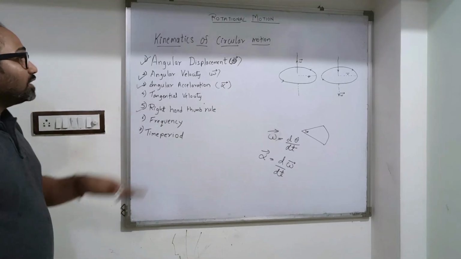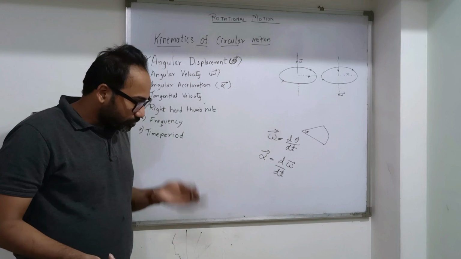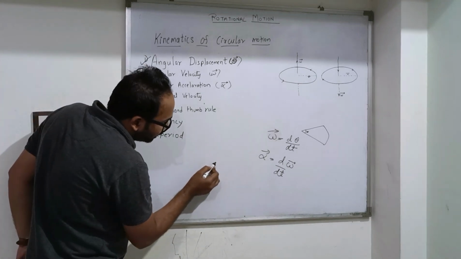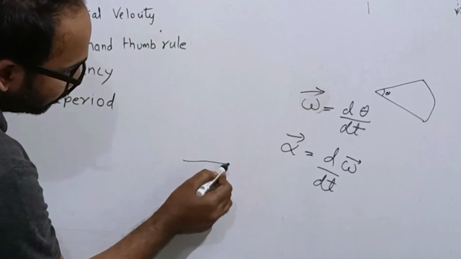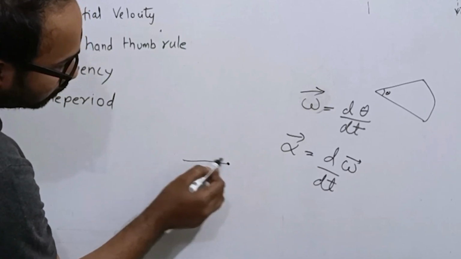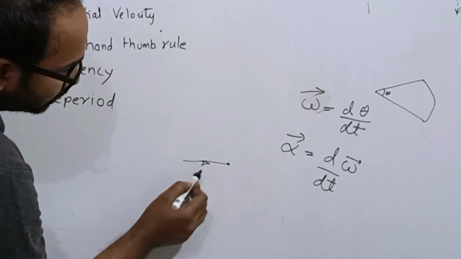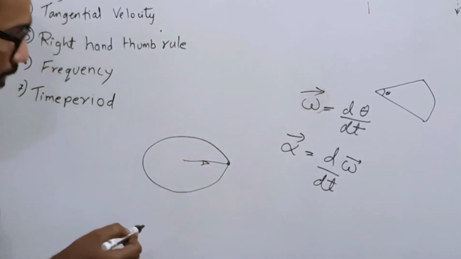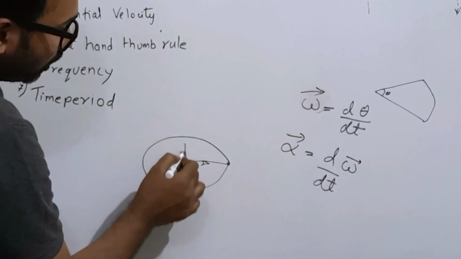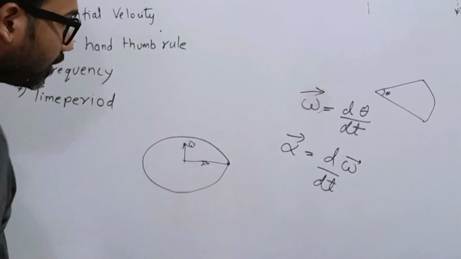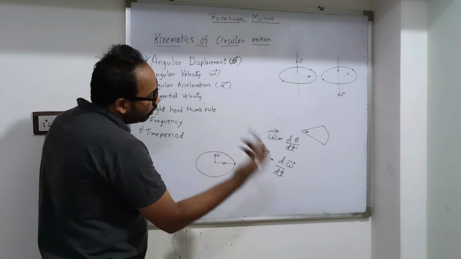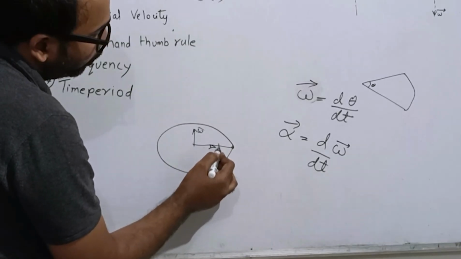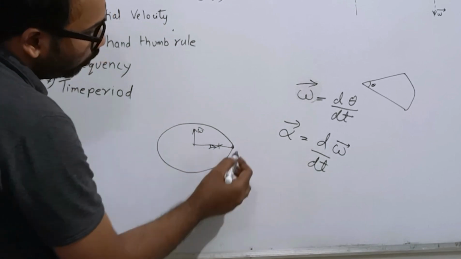So let's now understand what is tangential velocity. If a particular particle, let's say I'm tying a stone to a rope of radius r, and it is having a circular motion with a particular angular velocity, let's say omega. At some point of time, if this rope breaks, what would happen?